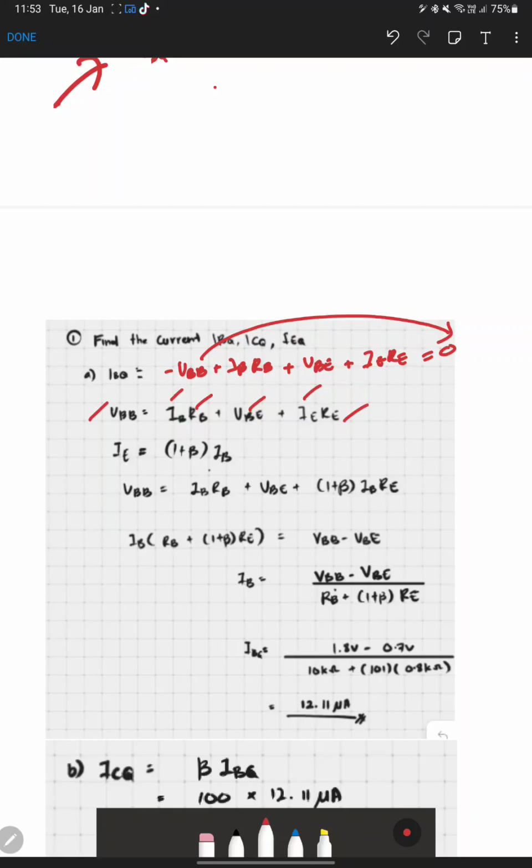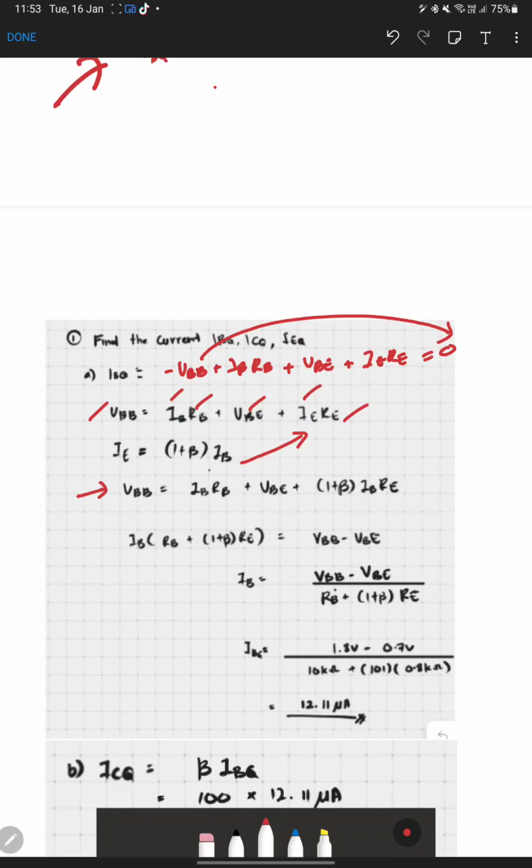So we need to make a replacement for the IE, to make our computation easier, so we replace IE with IB. So the relation of IE and IB is IE equal to 1 plus beta times IB. So we replace IE in terms of IB. So we got the new equation from here.